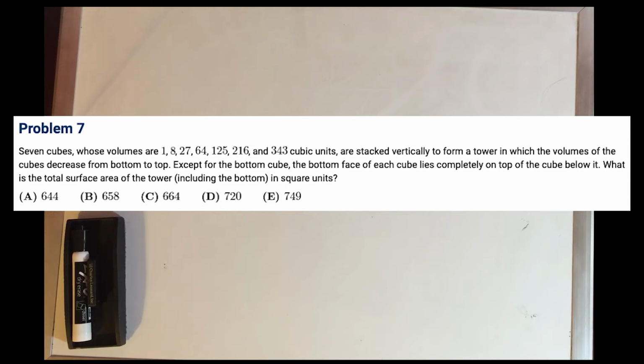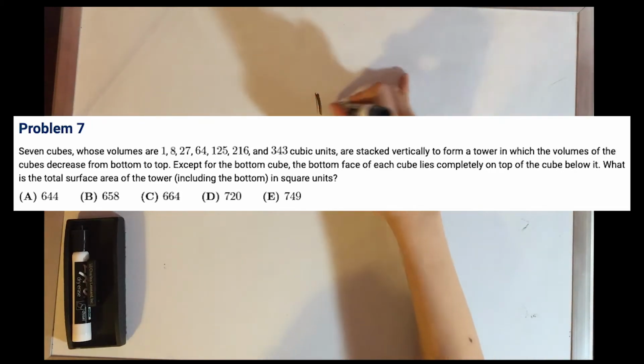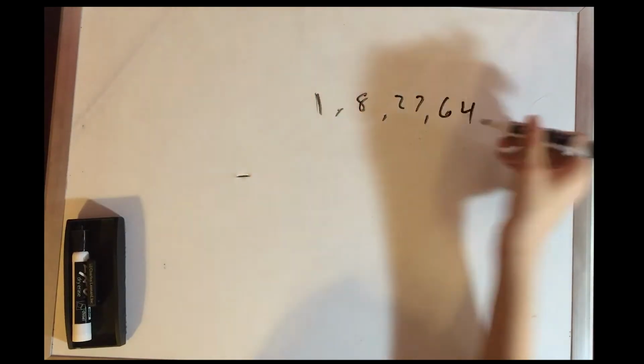You may notice that the volumes are actually all perfect cubes, which means that the sides of all the cubes will be integer side lengths. And actually, these side lengths are consecutive starting from 1, because we see that our volumes are 1, 8, 27, 64, and so on.